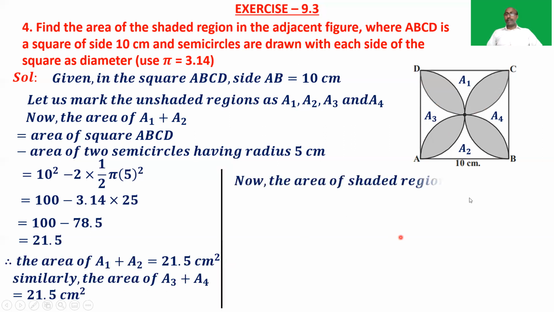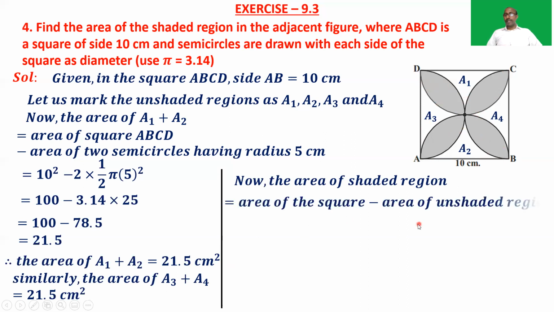Now the area of the shaded region is equal to the area of the square ABCD minus the area of the unshaded region, that is A1 plus A2 plus A3 plus A4. We have the area of the square is 10 squared minus the area of the unshaded region.